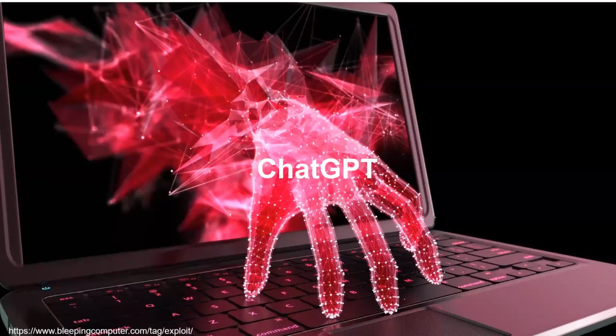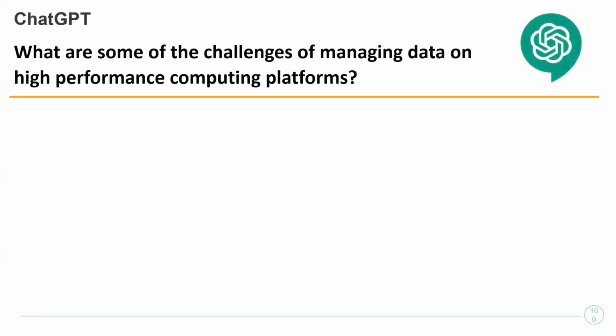And since we're talking about big data, machine learning and the like, I thought I'd have a bit of fun and perhaps it's even fitting that we seek validation from our emerging and hopefully benign supercomputer overlord. So I asked ChatGPT, which most of you are probably familiar with, what are some of the challenges of managing data on high performance computing platforms?